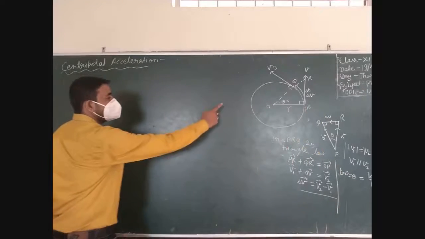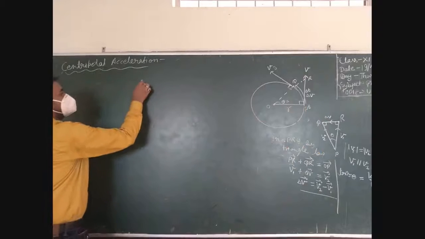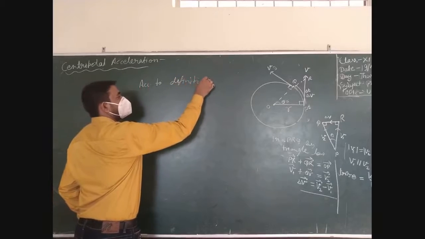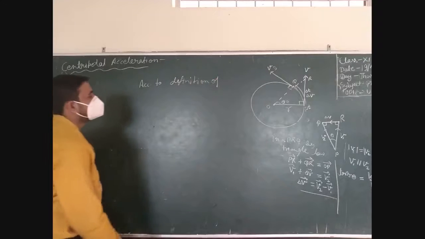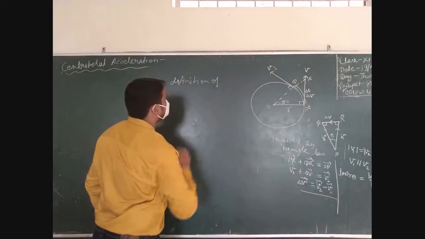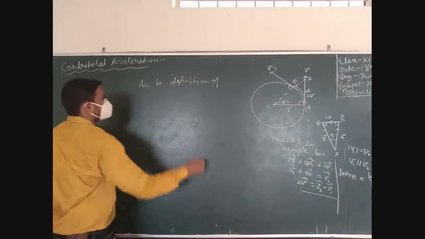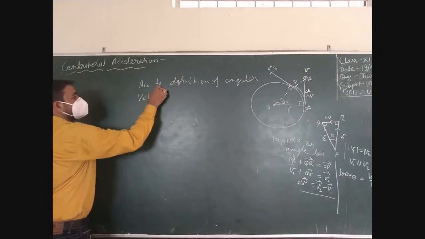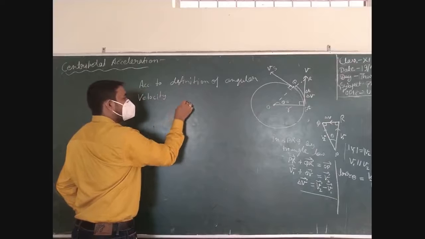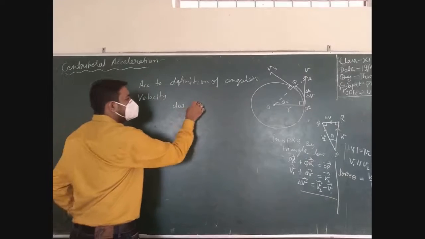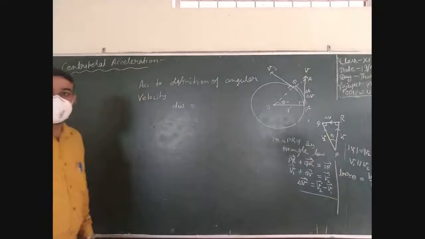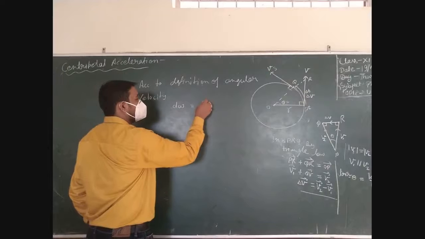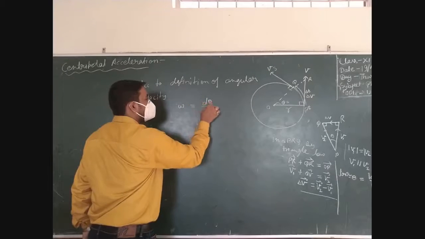Now see here, according to the definition of angular velocity, omega is the rate of change of angular displacement, that means d theta upon dt.